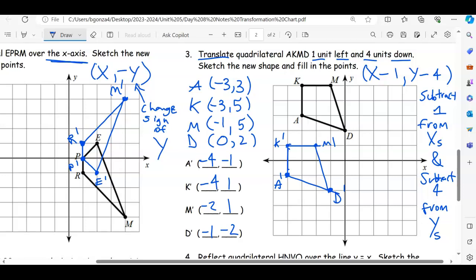Alrighty. Doesn't that look like it's been shifted 1 to the left and 4 down? It does. So I'll give you a second to make sure you have number 3, and then we'll show you number 4 real quick, and I'll be done.